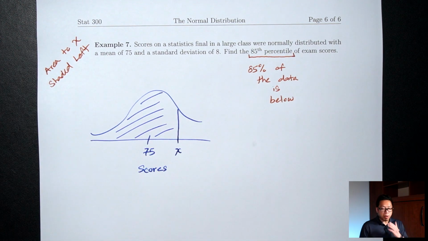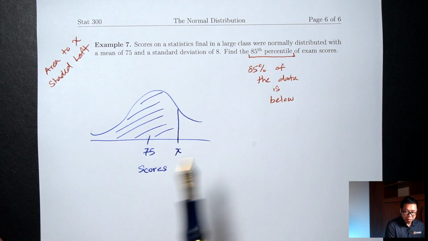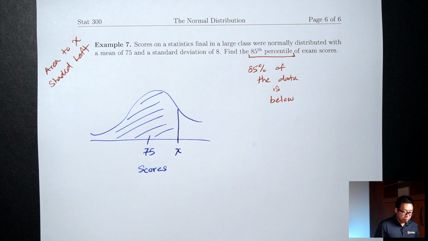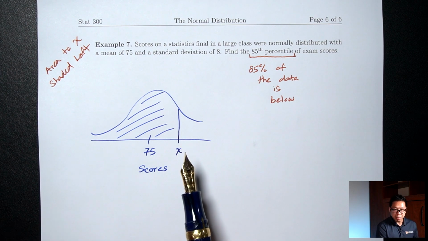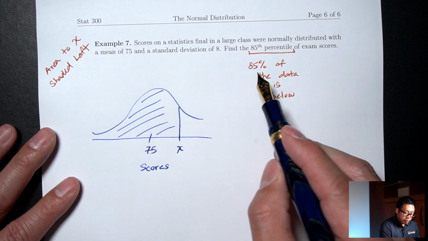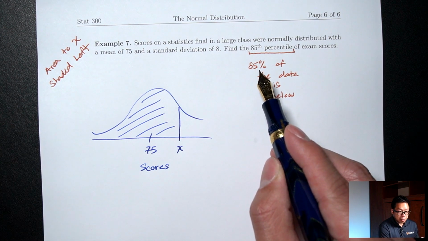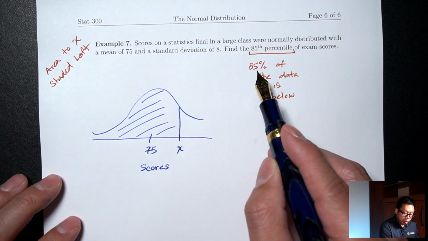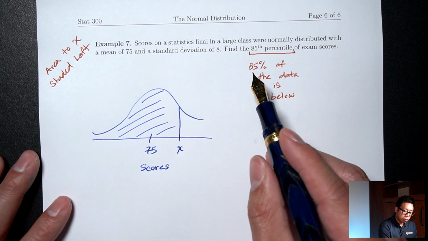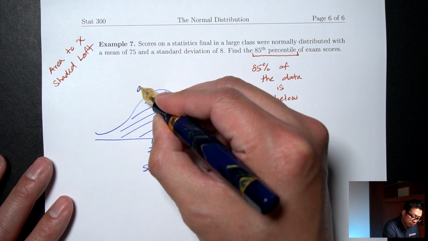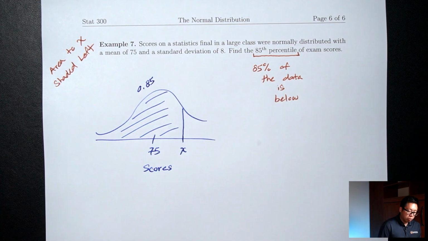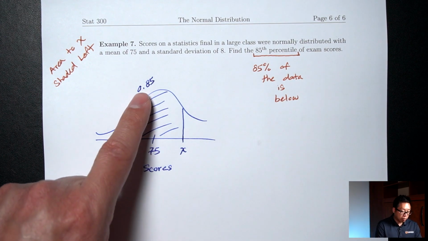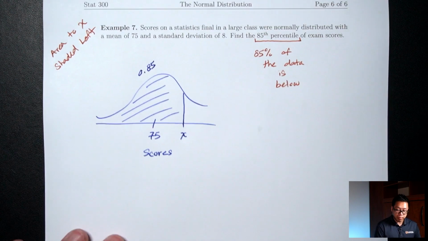Now, it's not that important that you have the x on the right side. I'll talk a little bit more about why I know it's on the right side in a little bit. So this 85% is an area, so that doesn't go on the x-axis. Areas go on top here. 85% as a decimal is 0.85. So we're looking for the x that has an area of 0.85 to the left of it.